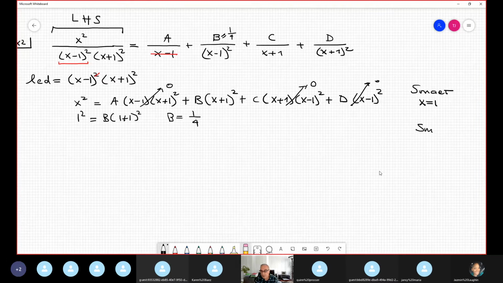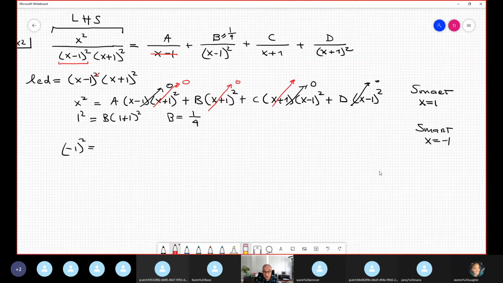Another smart value is -1, because of -1 squared. Remember, on the left-hand side we have x squared. Now, when you evaluate at -1, that part again is 0. That part again is 0 because -1 and +1 is 0.